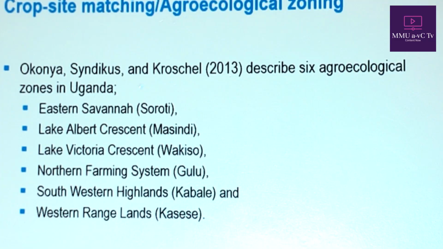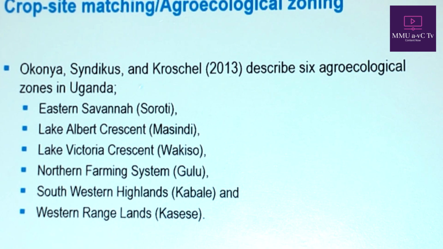Okonya, Syndicus and Kröschel describe 6 agroecological zones of Uganda, including the Eastern Savannah, that is in Soroti; Lake Albert Crescent, the Masindi areas; Lake Victoria Crescent, Wakiso, mainland; Northern Farming System, Gulu; Southwestern Highlands, Kabale; and Western Rangelands, continuing to Kasese.